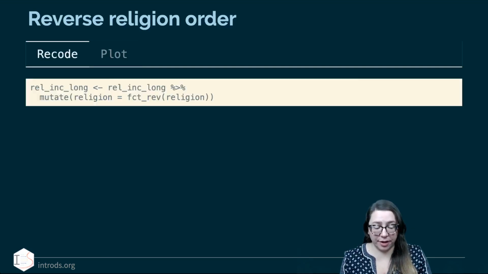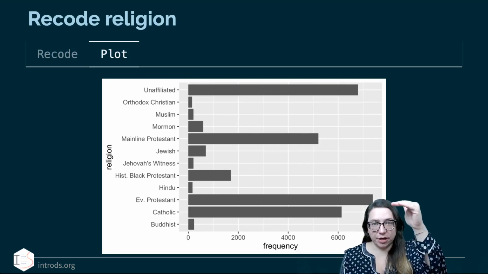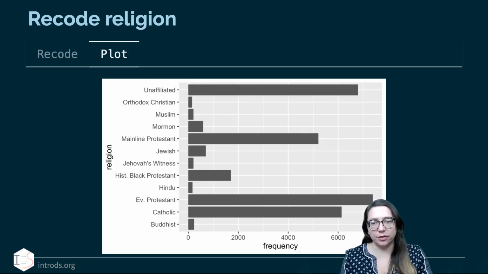Now, the other thing that I might want to do, let's go back to that plot, is you can see Buddhist, Catholic, Evangelical, Protestant. So we're reading up to go down the alphabet, which seems a little bit odd to me. What I'm going to suggest is that we reverse the order here, so Buddhist starts on top and then it goes down to unaffiliated.